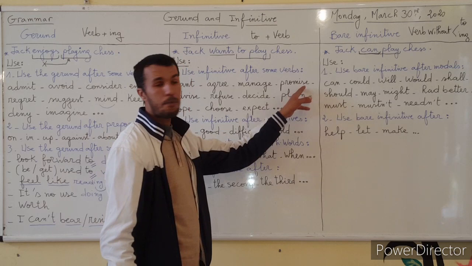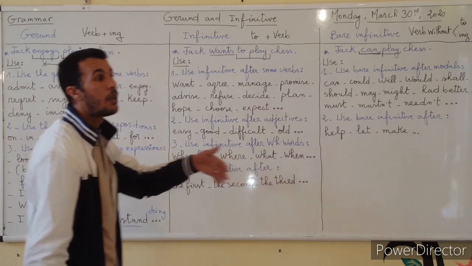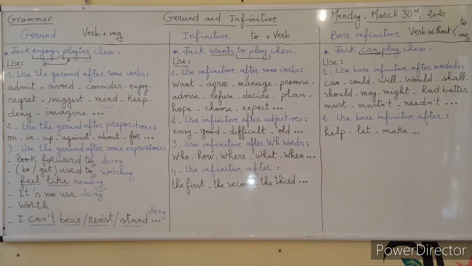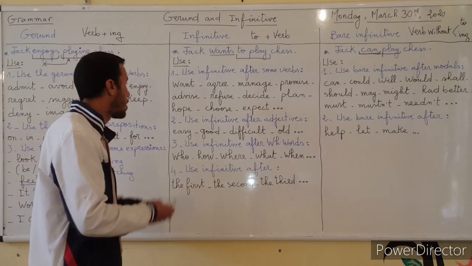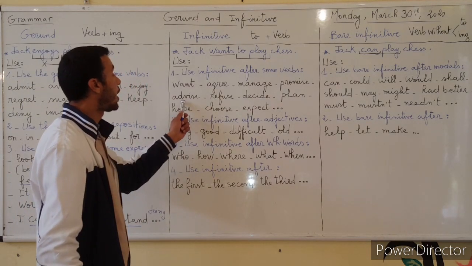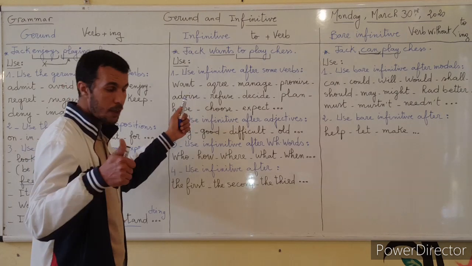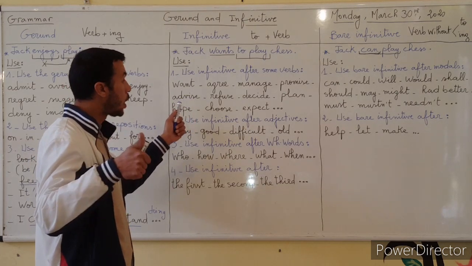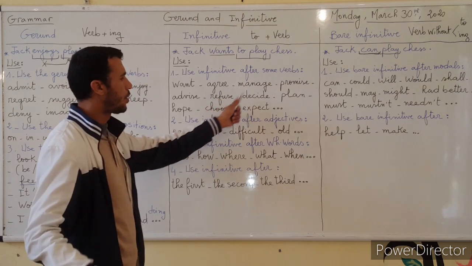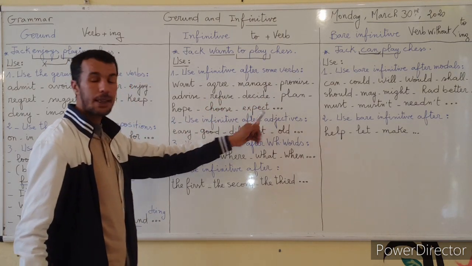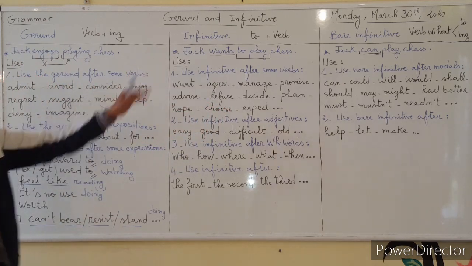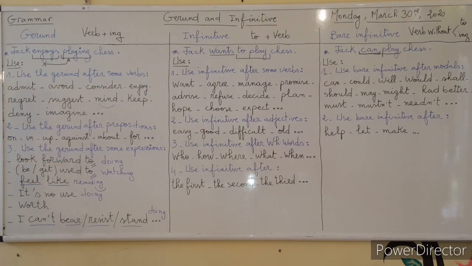I promise to buy a car for my friend, for example, or my son, whatever. Advice. He advised me. Pay attention. He advised me to see a doctor. Refuse, decide, plan, hope, choose, expect. Verbs like that must be followed by infinitive.